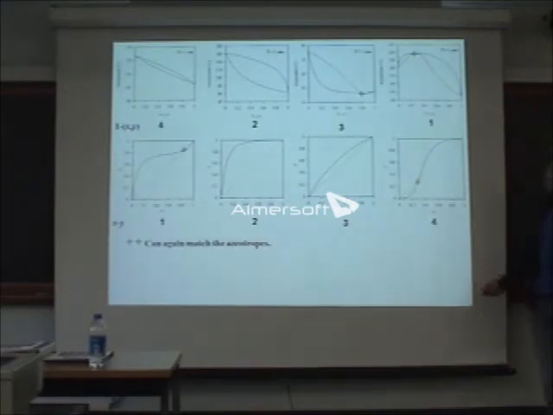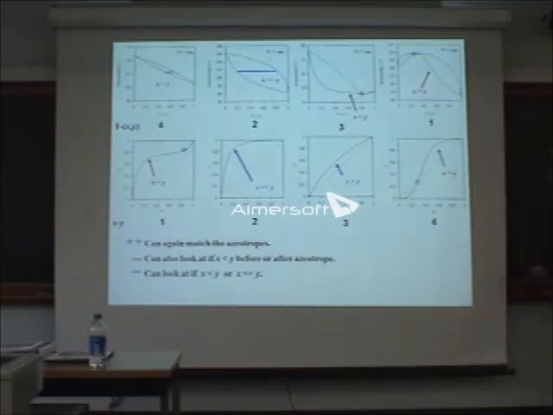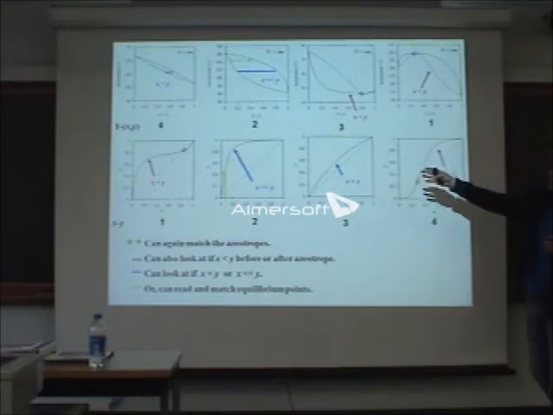But for the plots that don't have the azeotropes, what can we do? We can look to see if substance 1 is more volatile or substance 2 is more volatile, or even easier, you can read and match the equilibrium points. I know in a few of your exercises you were given the temperature xy plot and you had to create the xy diagram.